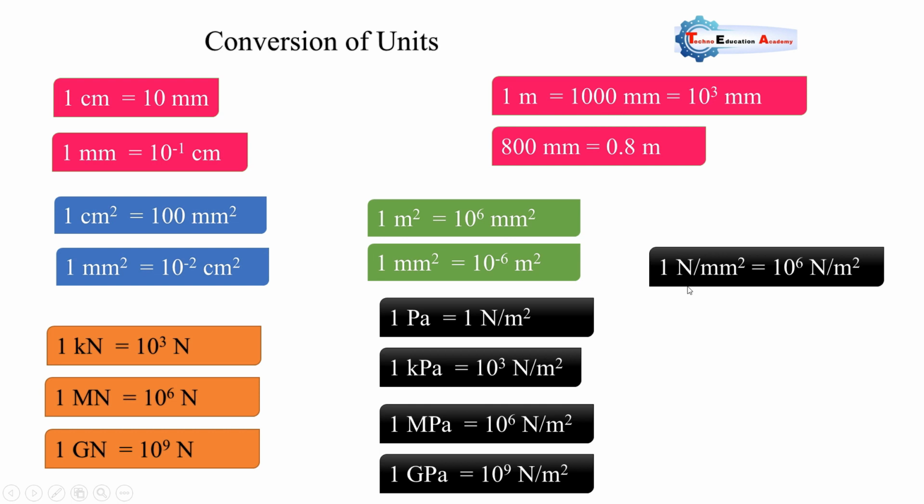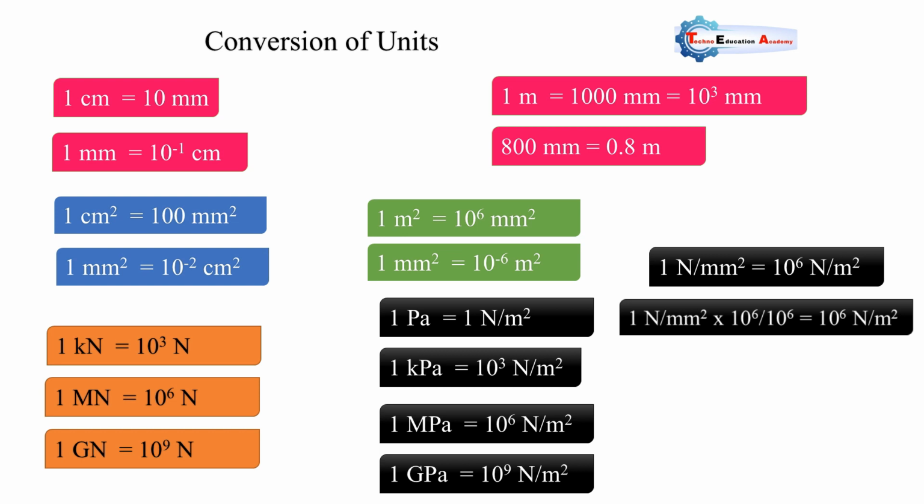So we multiply 1 Newton per mm square with 10 raised to 6 divided by 10 raised to 6, because 1 meter equals 1000 mm, but here mm square is there. The 10 raised to 6 in the denominator is utilized to convert mm into meter. So the remaining term is 10 raised to 6 Newton per meter square.